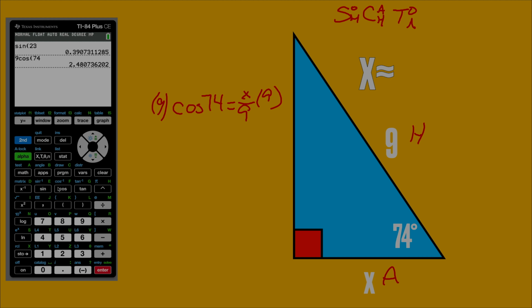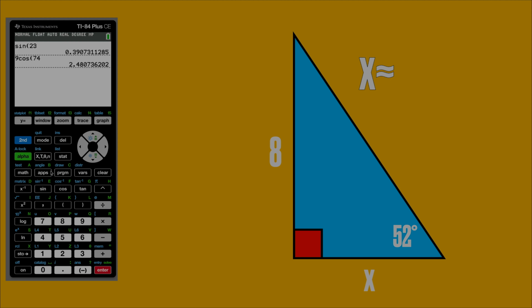Let me double check. Okay, yeah, no, wait, that is right. I somehow was thinking I was looking for the hypotenuse. So 9 cosine 74 means x is approximately 2.48.